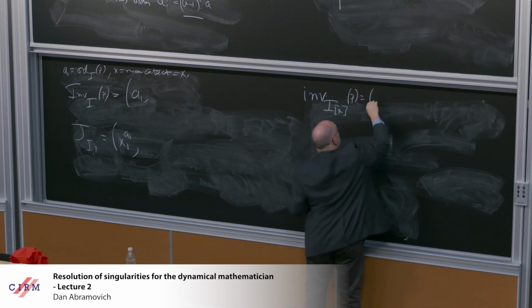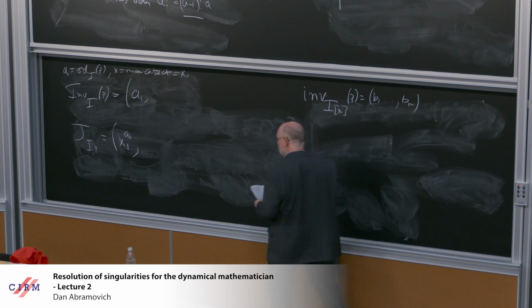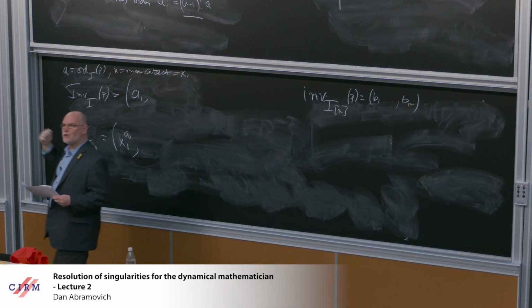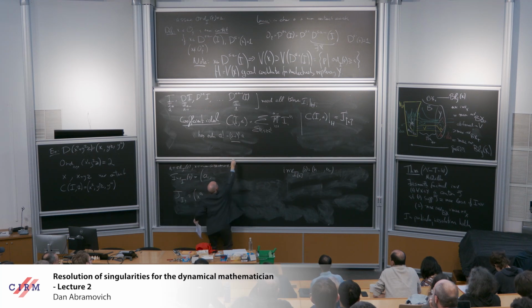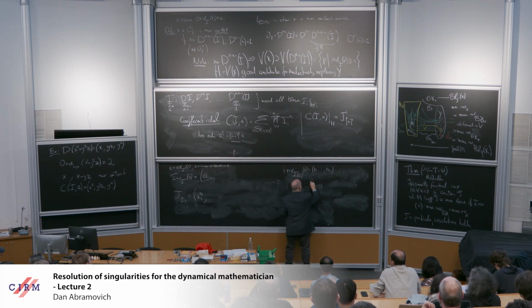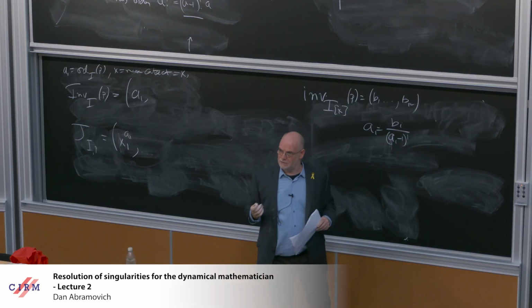And I assume that it's b1 through bk. And remember that this is rescaled by a factor of a minus 1 factorial. So I'll define a_i to be b_i divided by a1 minus 1 factorial, so to scale back.